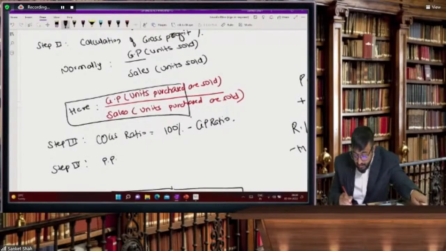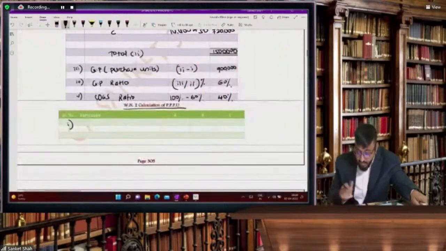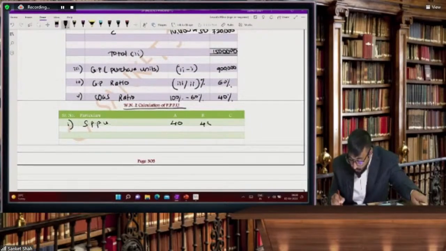Step 4, purchase price per unit. And how you are going to calculate this? Selling price per unit into COGS ratio. So what is selling price per unit? 40, 45, 50. And what is PPPU? Purchase price per unit?